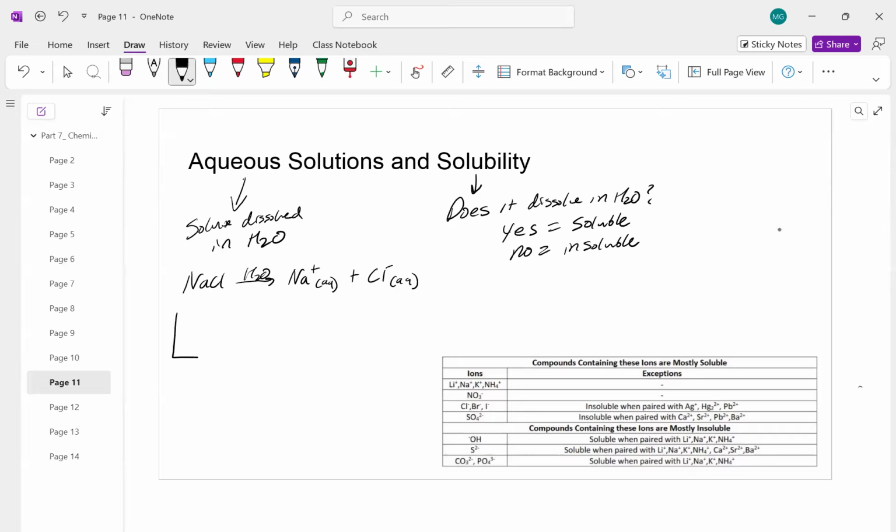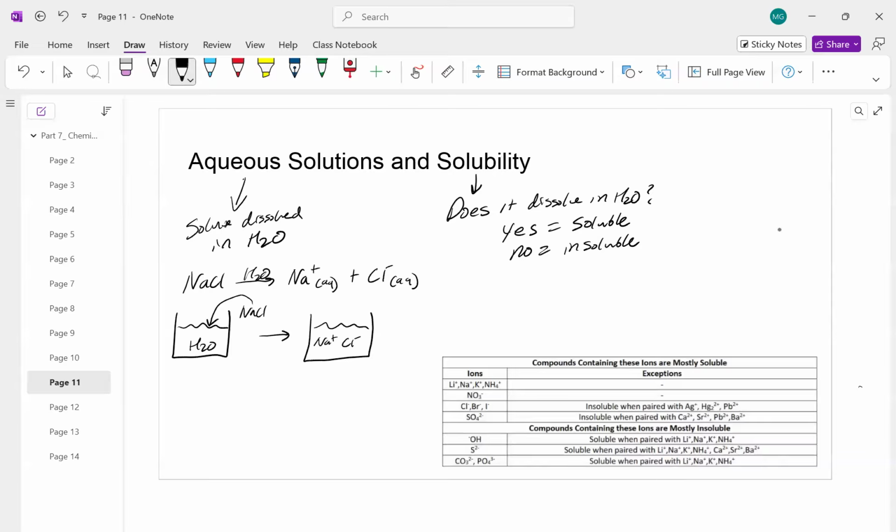So think about this. If we take a glass of water and put some table salt in that water and stir it up, then the sodium chloride dissolves into sodium ions and chloride ions, and they just float around, but they are no longer ionically bonded to each other.